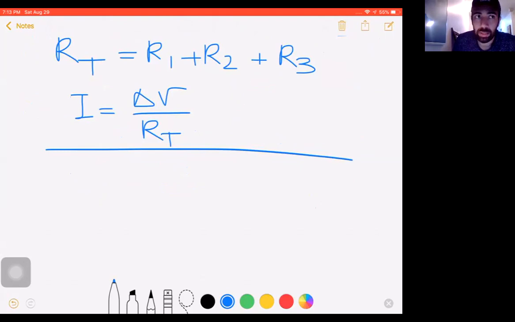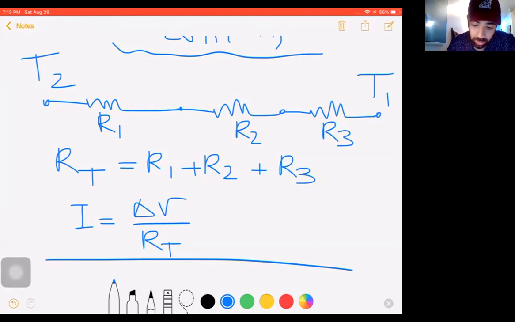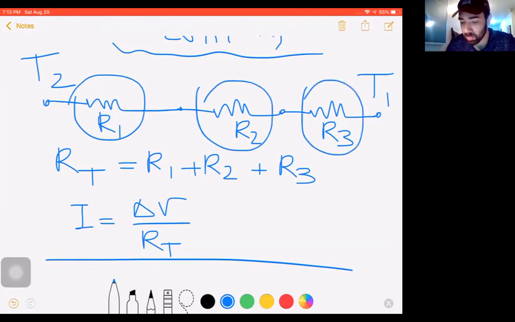Again, for thermal systems, instead of voltage, you have temperature here. So temperature goes from higher to lower, and you can have different elements here. You can have conduction for the first resistivity, convection, and radiation, and those kinds of resistivities can be added up together to find the total amount of thermal resistivity, so that we can find the heat rate that is being transferred.